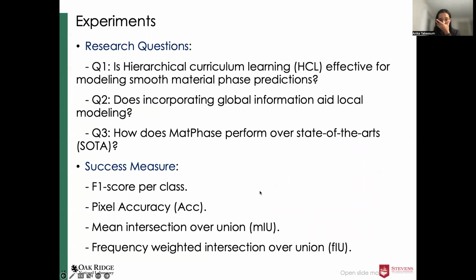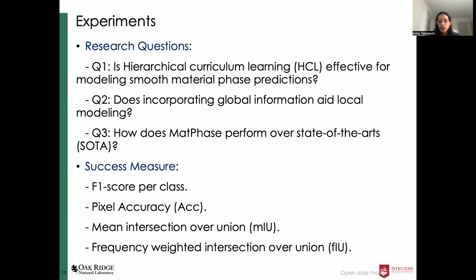Now, as an experiment for evaluating the performance of MatPhase, we want to pursue three research questions. First, is hierarchical curriculum learning even effective for modeling smooth material phase predictions? Second, does incorporating global information in local modeling help?